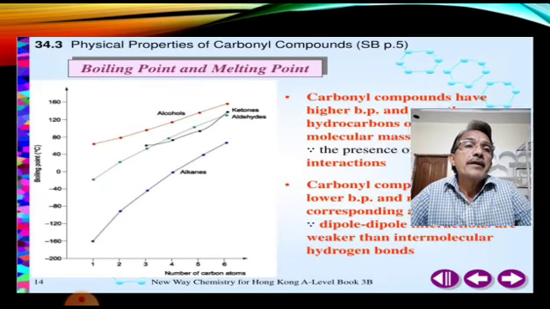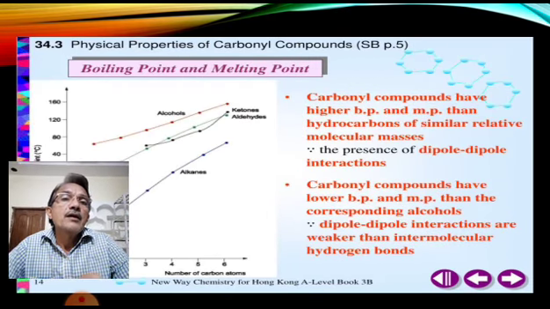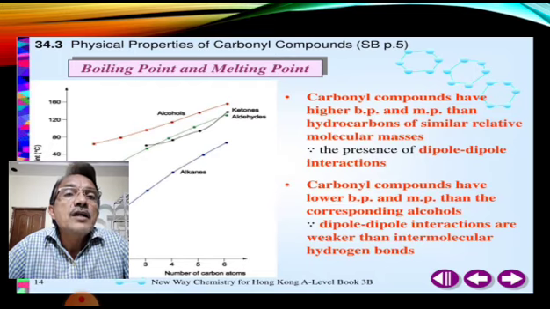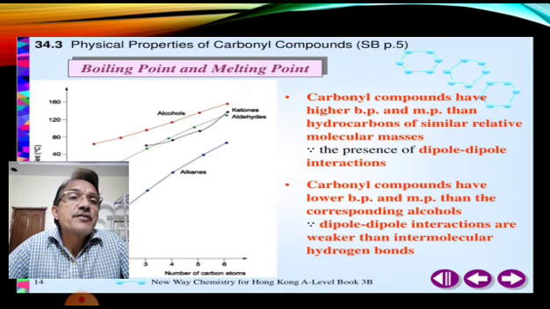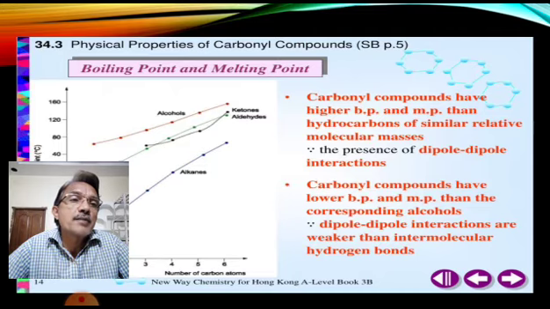When you compare the boiling points and melting points of carbonyl compounds with those of hydrocarbons, carbonyl compounds have higher boiling points and melting points than hydrocarbons of similar relative molecular masses.